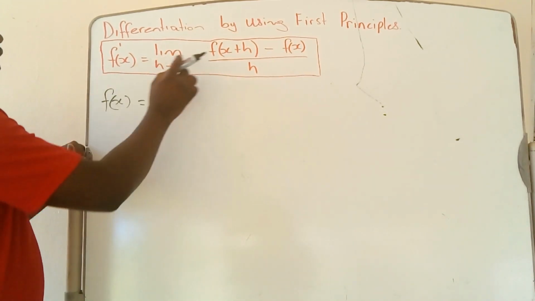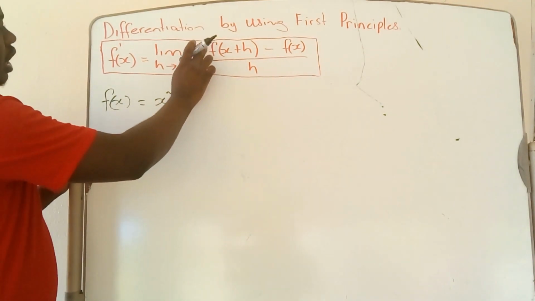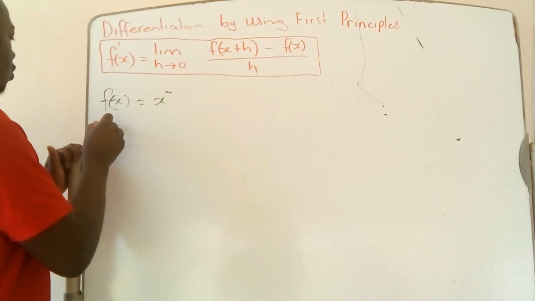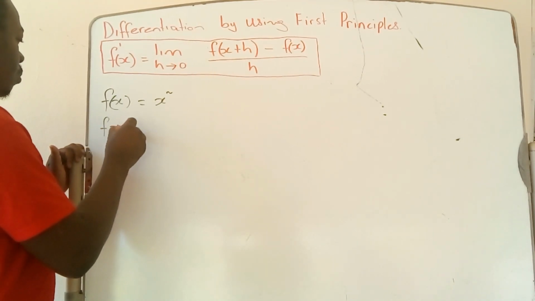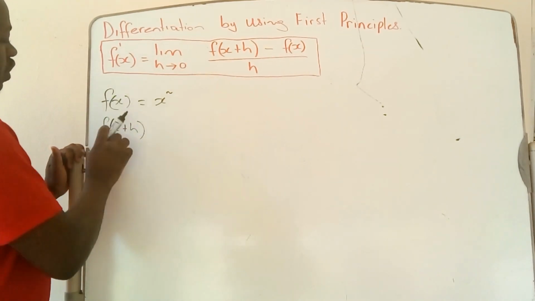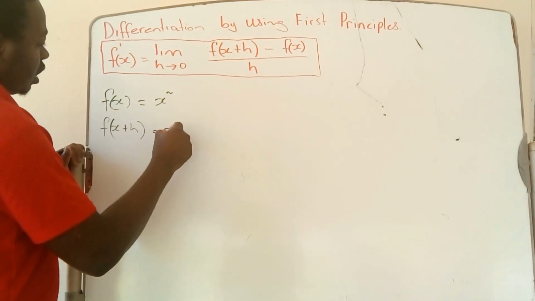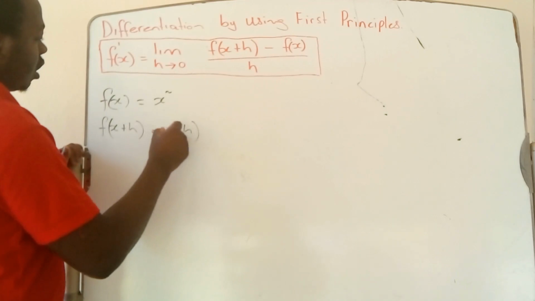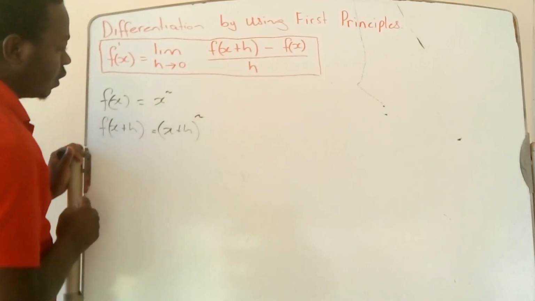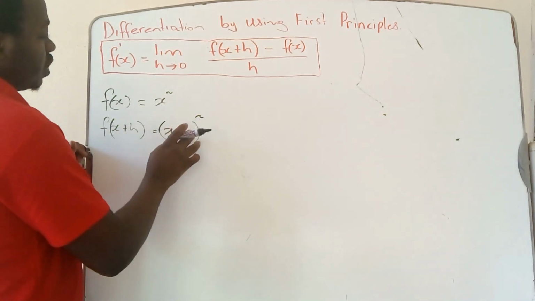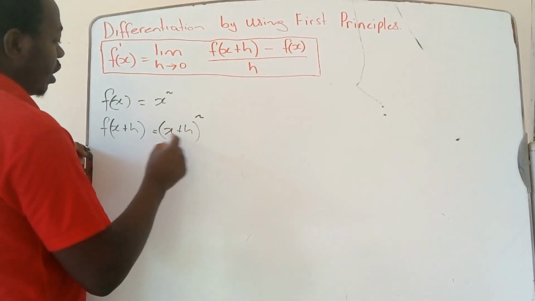So in our formula, we need f of x plus h. So what is f of x plus h? We just substitute into this x squared here. So this would equal x plus h all squared, right? But what is x plus h all squared? We could expand this.